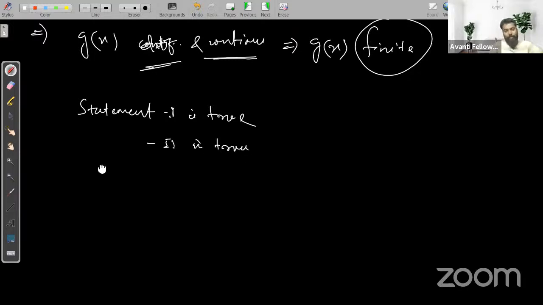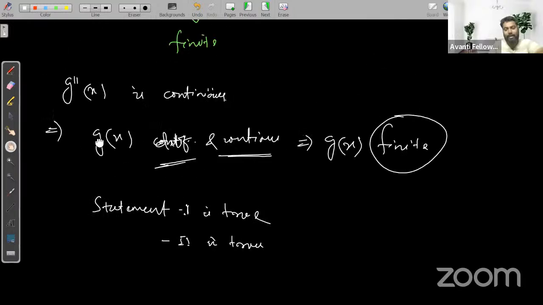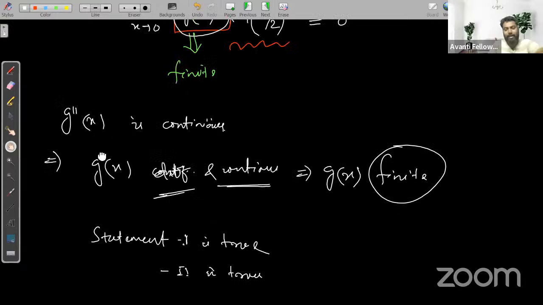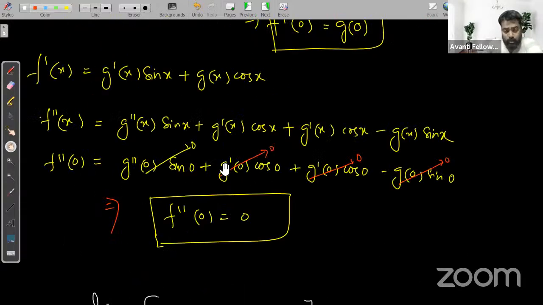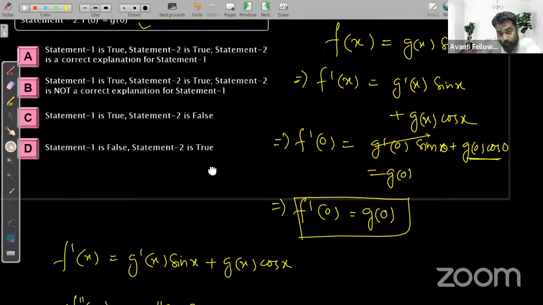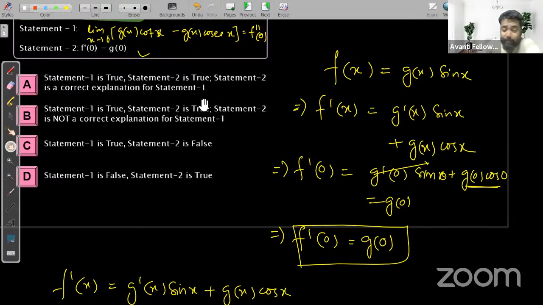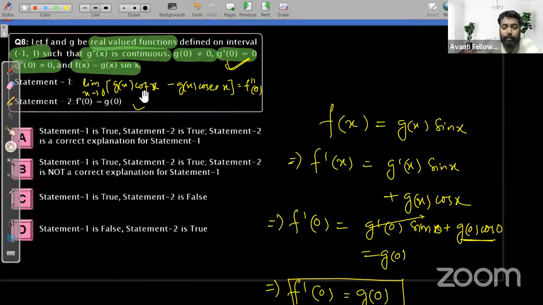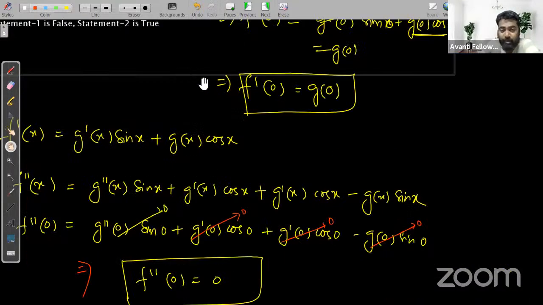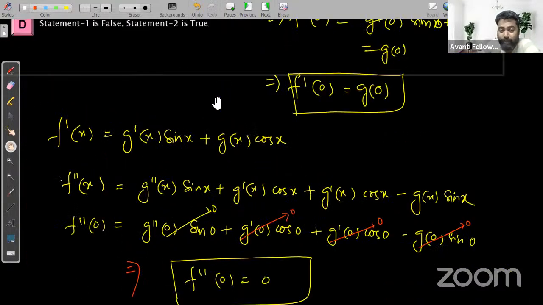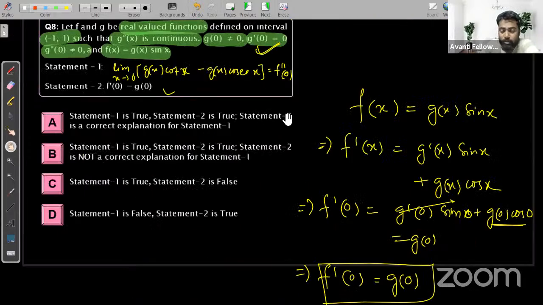And in the given options, statement 2 is the correct explanation for statement 1. From the second statement we are getting f double dash of 0 equal to 0, right? For the right hand side of the first statement to be 0, f double dash of 0 must be 0.